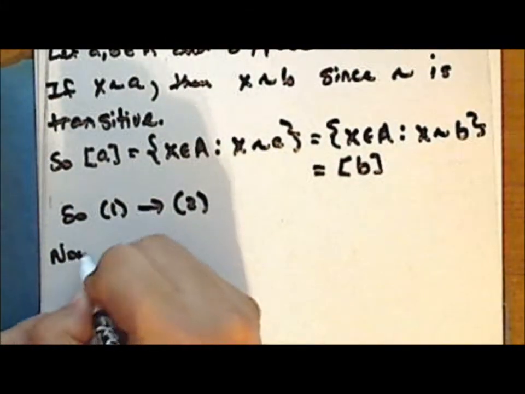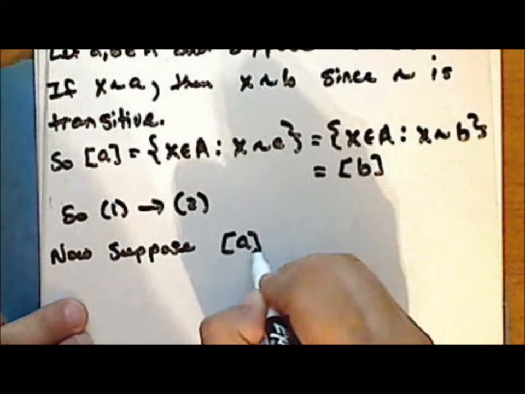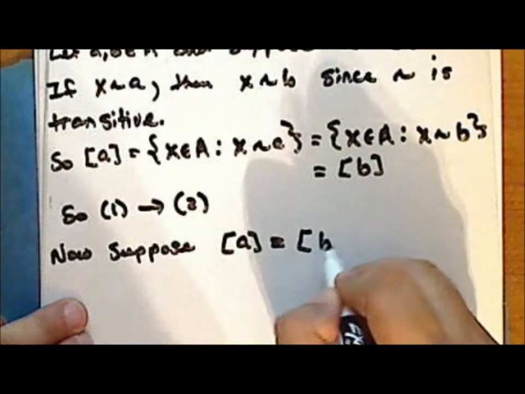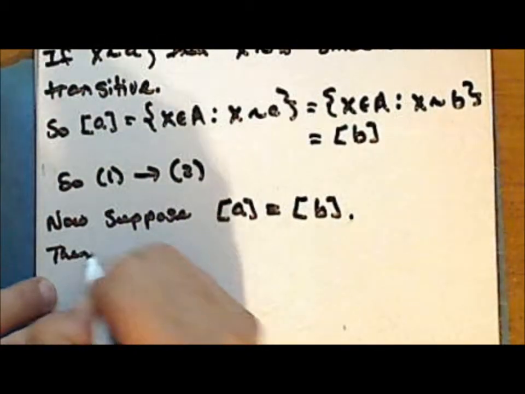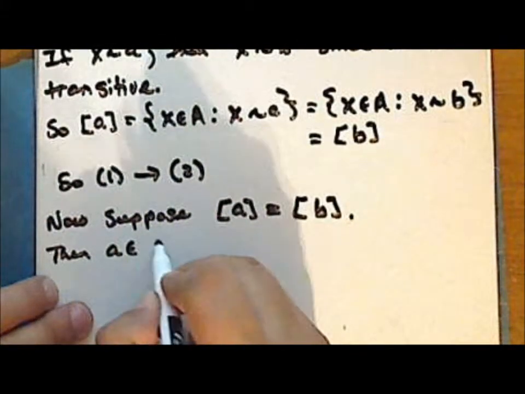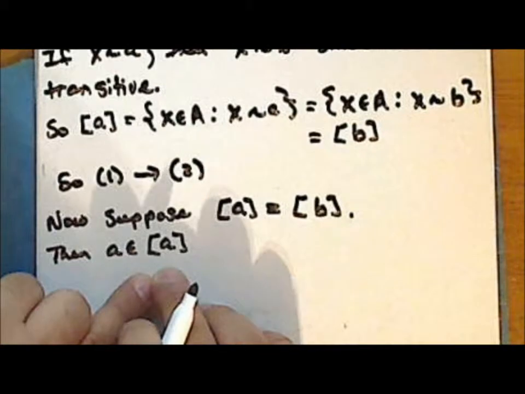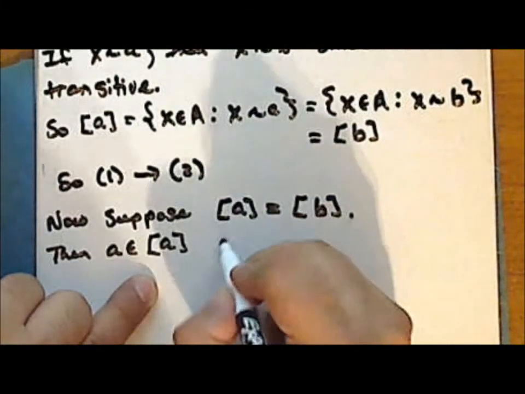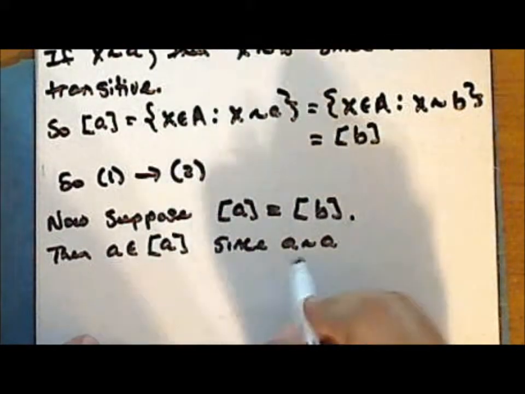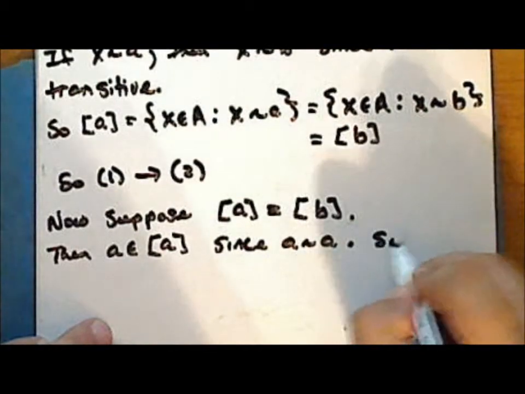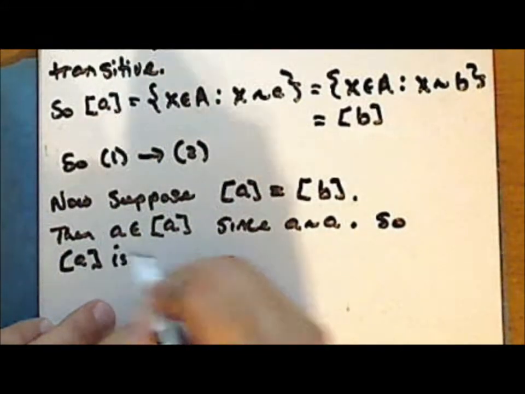Now suppose that the equivalence class containing the element a is equal to the equivalence class containing the element b. Then the element a itself is in the equivalence class containing the element a, since a is certainly related to itself; it is an equivalence relation, so it's reflexive. And so, in particular, the equivalence class containing the element a is not empty.